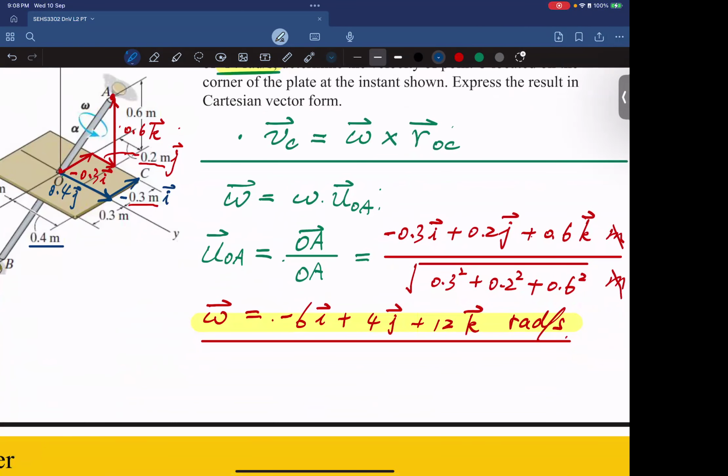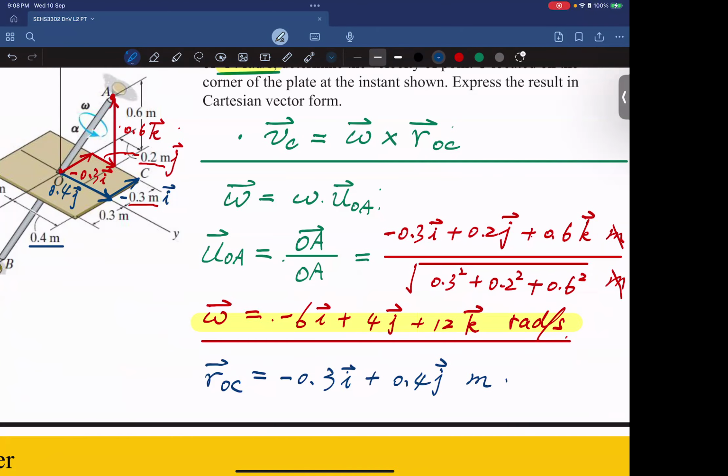So R_OC is negative 0.3 I plus 0.4 J meter.